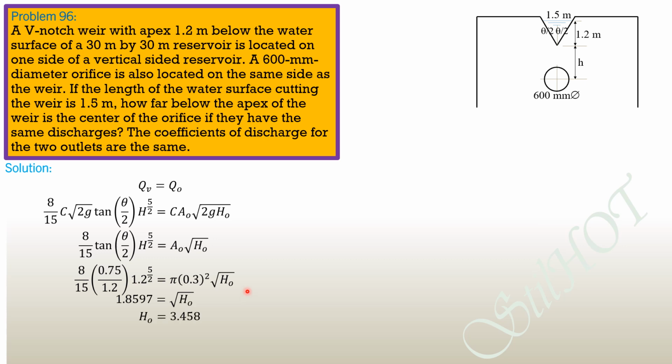So H O equals 3.458 meters. And we equate that to small h plus 1.2. So from here, we can compute the value of h. So for the question, how far below the apex of the weir is the center of the orifice? That's small h. So h therefore is equal to 2.258 meters.